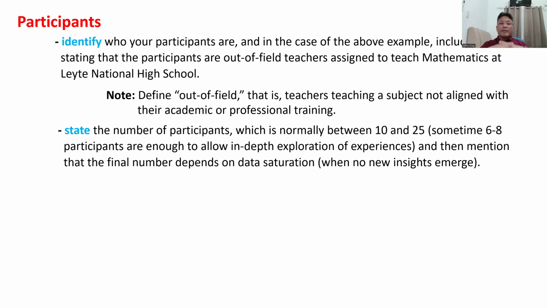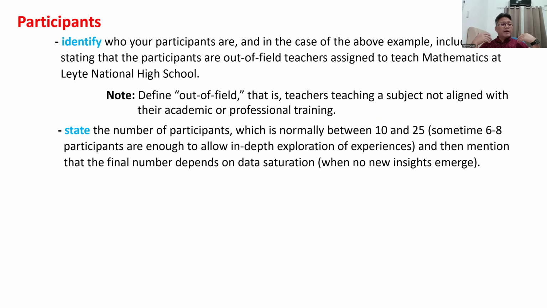Okay? But when preparing the research proposal, before you start data gathering, you target 25, because just in case you cannot reach the saturation point in the 15th or in the 12th or in the 14th, you proceed to the 25th participant.